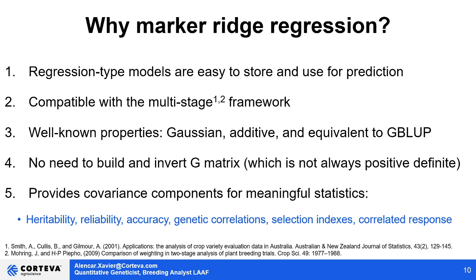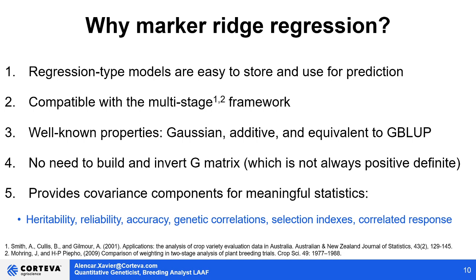Besides, ridge regression is easily compatible with a multi-stage framework, where we use BLUEs to adjust for the spatial variation. We take those BLUEs, we convert them into multi-environment BLUPs or deregressed BLUPs, and we use those to fit linear models that include genomic information, which is a more computationally efficient way of handling the data.